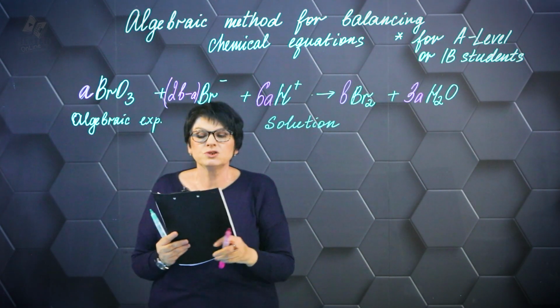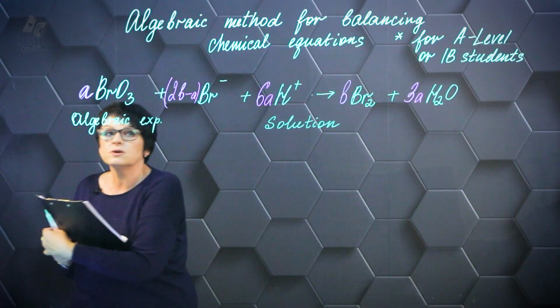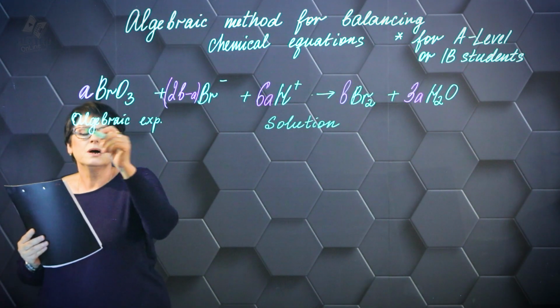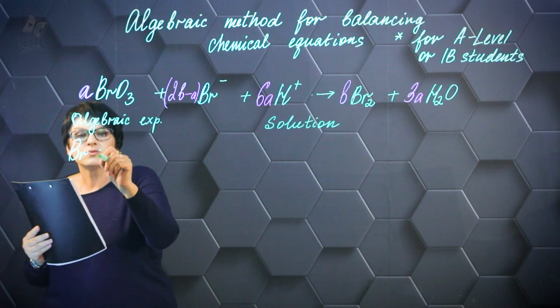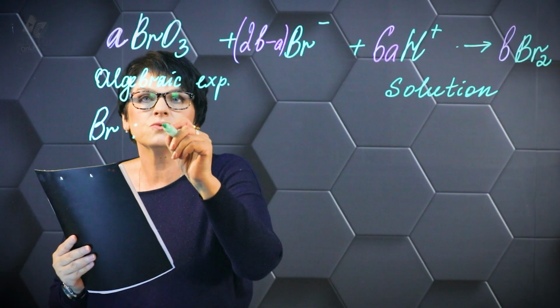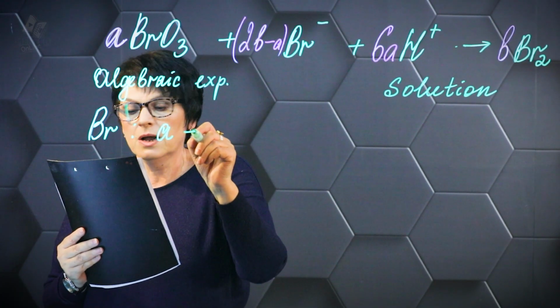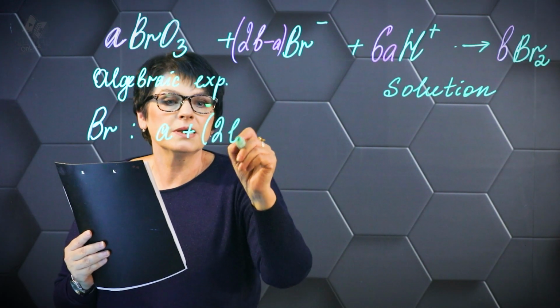And now, as usual, we're building the mathematical equations. So for the element bromine, on the left-hand side we have A plus 2B minus A, and on the right-hand side we've got 2B.